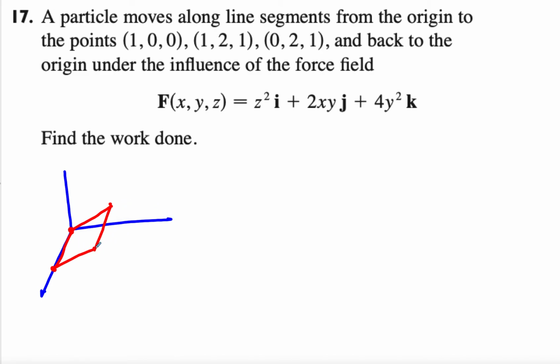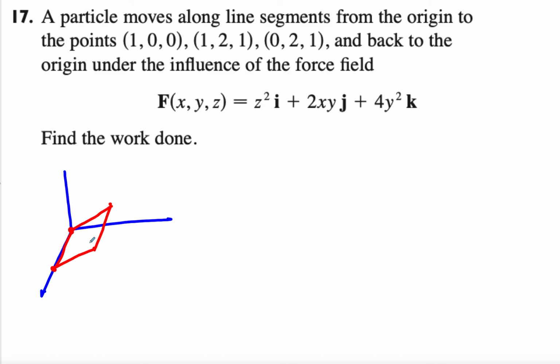Now, they want us to find the work done that goes along this path. But using the Stokes theorem, what I can do is I can just find the curl about the surface here. How can I do that? Then, first I need to figure out the equation of this plane. Because you can see that, this is kind of a slanted plane that cuts through this line right over here.